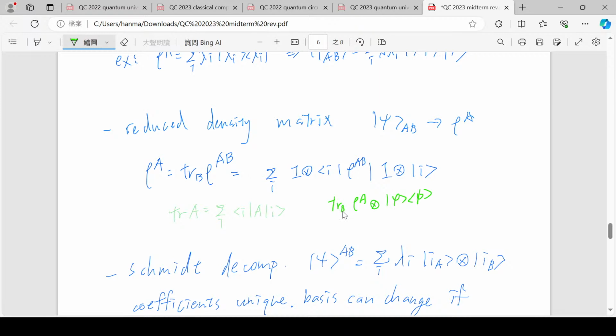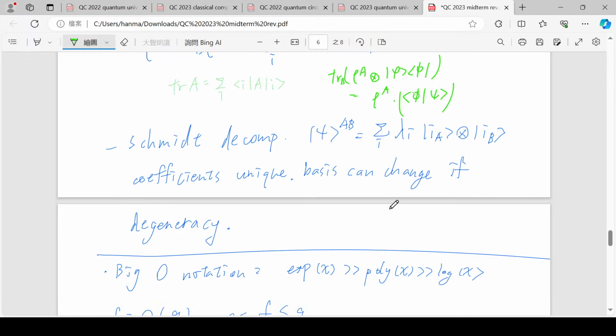If you do partial trace on this thing, then it equals rho A times... okay, yeah. So you can remind yourself of partial trace, and then the trace of the matrix of this thing, you can do the cyclic thing, and so it will just be the inner product between phi and psi, like this. Okay. So yeah, there are a whole bunch of ways you can do partial trace.